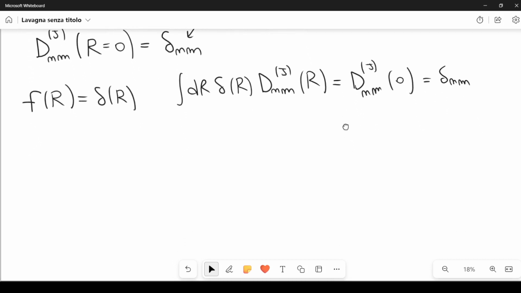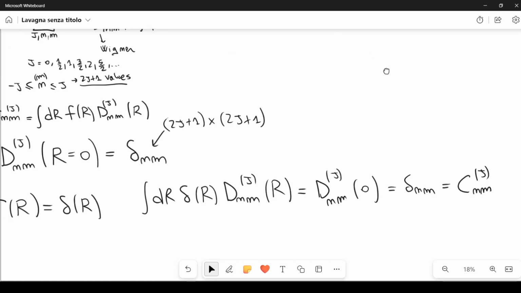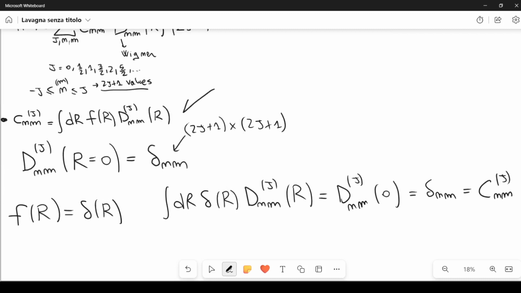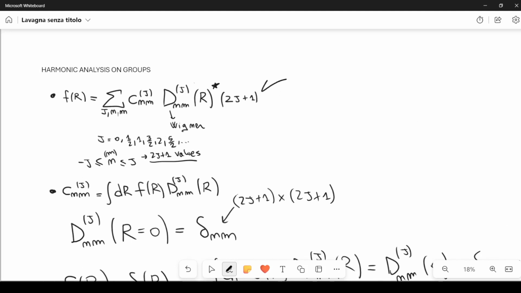Anyway, now I can define this delta nm to be my coefficient c^j_nm, because I have simply used this formula here, right? So in the special case where the function is equal to the Dirac delta, the coefficients are equal to Kronecker deltas. And now I can use the formula here.